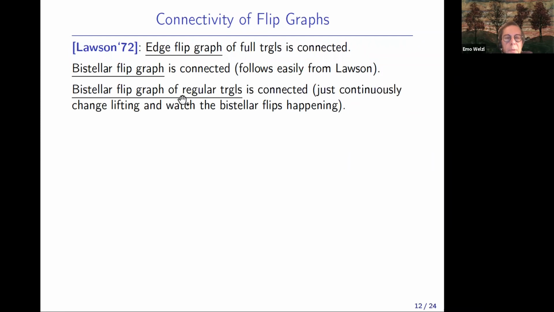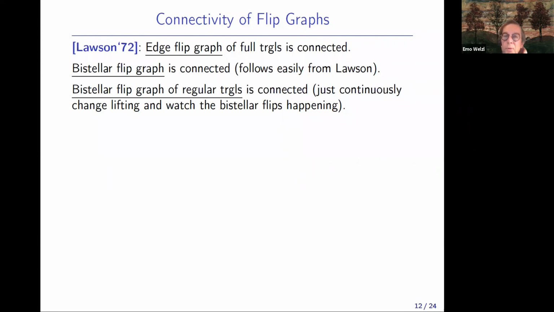The bistellar flip graph of regular triangulations, so remember you have the same flip operations, but you restrict yourself to regular triangulations. Well, this is connected by design. Remember what I told you about one way of interpreting the bistellar flips: it is what happens if you change the height function of a point set.